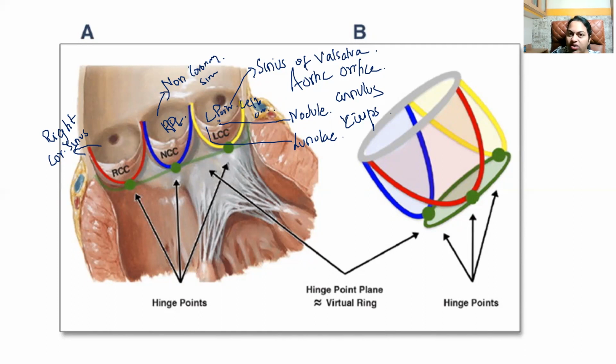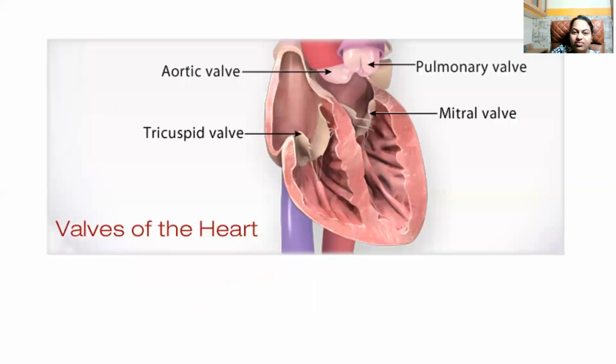So what is the right coronary sinus? The anterior aortic sinus that gives rise to the right coronary artery. Left coronary sinus, the left posterior aortic sinus that gives rise to the left coronary artery. And non-coronary sinus, it's nothing but the right posterior aortic sinus, which doesn't give rise to any coronary artery.